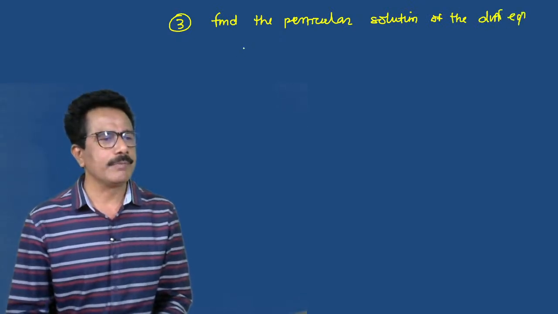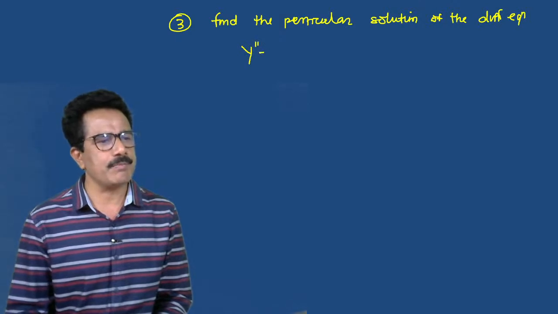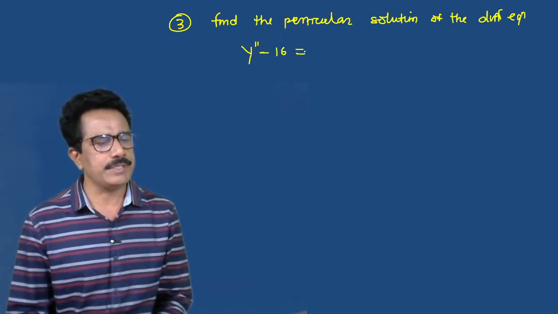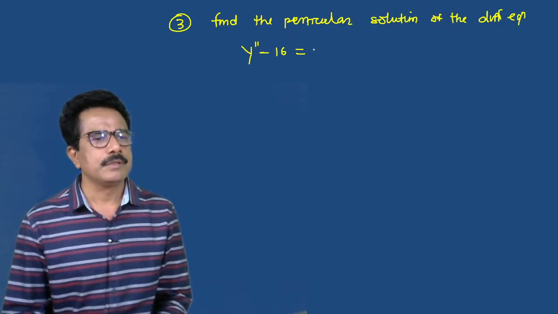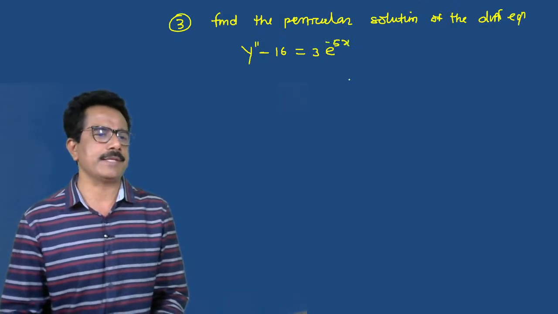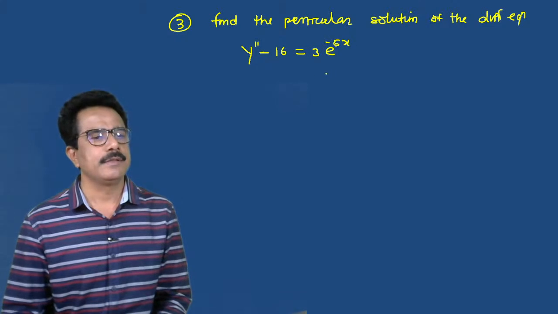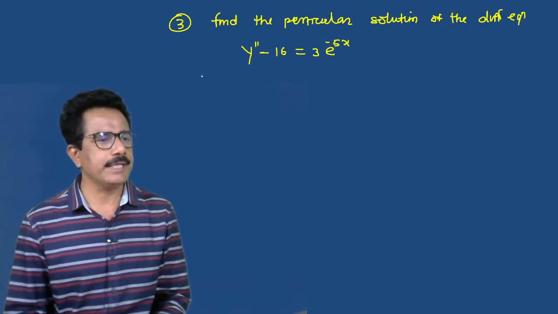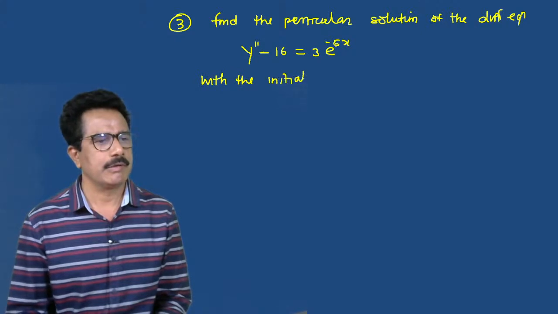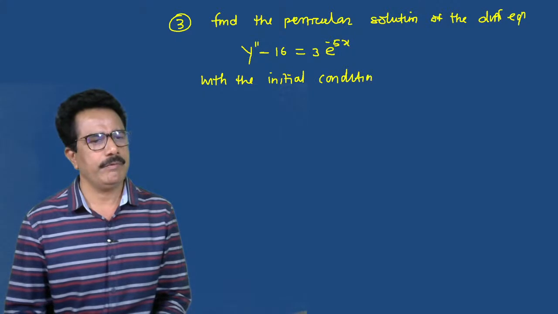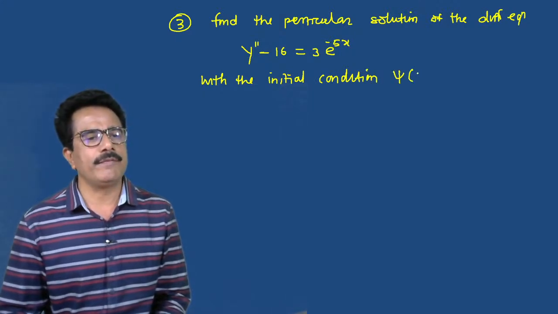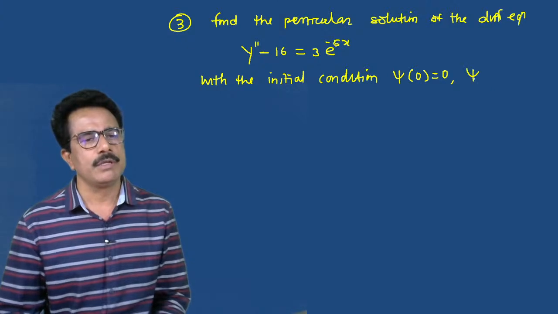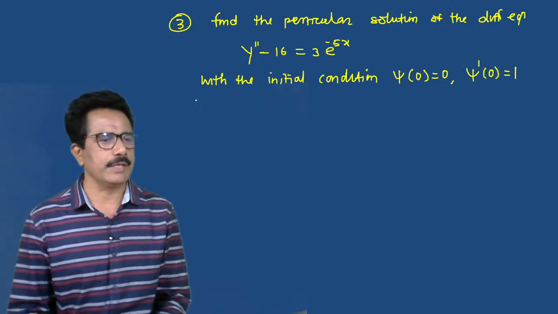I will change it a little. y double dash of x minus 16 y is equal to 3e raised to minus 5x, e raised to 5x. Okay, with the initial condition psi of 0 is equal to 0, psi dash of 0 is equal to 1.